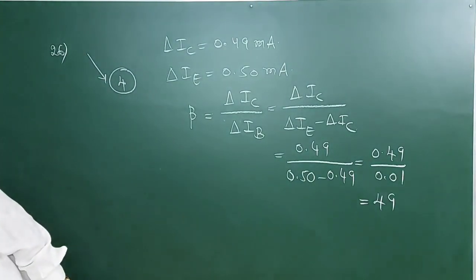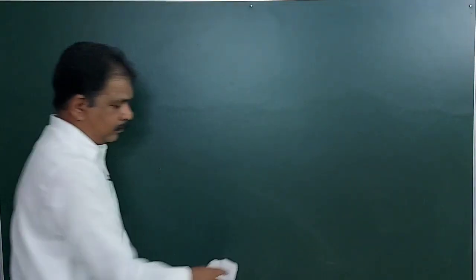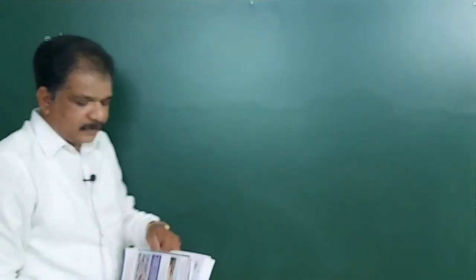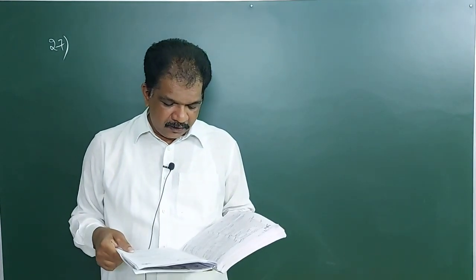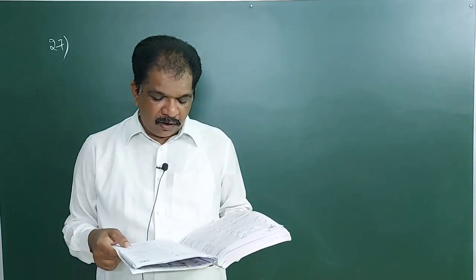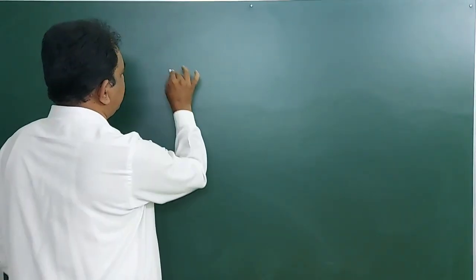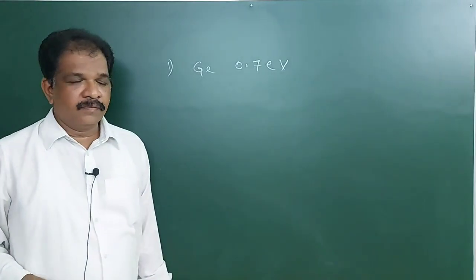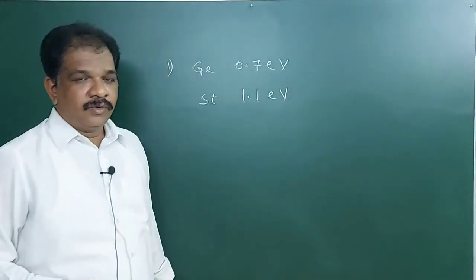Okay. Next. 27. See, 27, 28 no need, already I told you. 29, the energy gap in the case of the following is less than 3 electron volt. Germanium will be 0.7 electron volt. For silicon, it will be 1.1 electron volt.